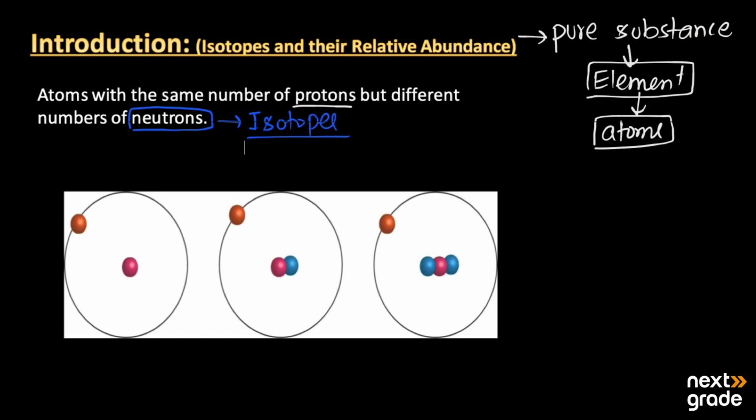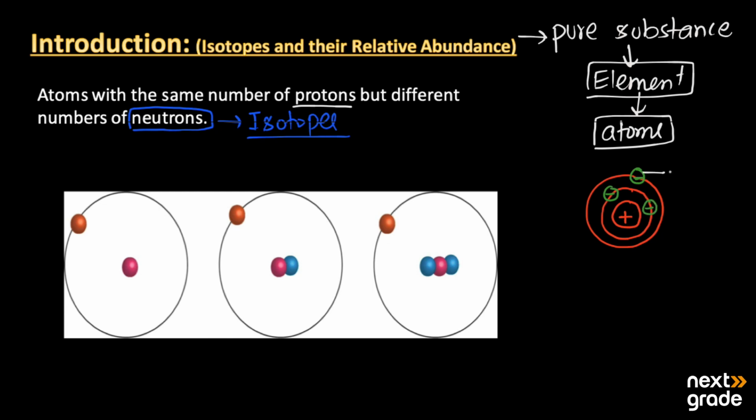Before that, you must know the structure of an atom. An atom basically consists of a central part, known as the nucleus, and around the nucleus we have circular orbits, which have negatively charged electrons.